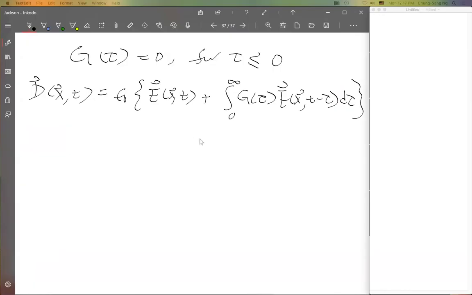All right. And now this G of tau is like the Fourier transform, right? So we can express it using the Fourier transform relation, and get G(tau) e to the i omega tau d tau.